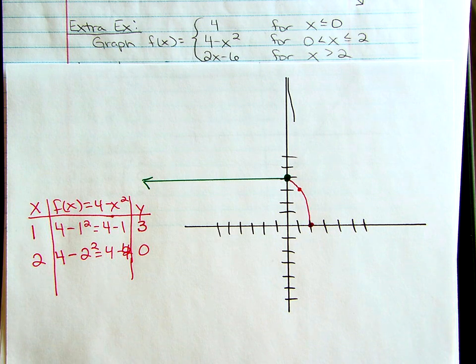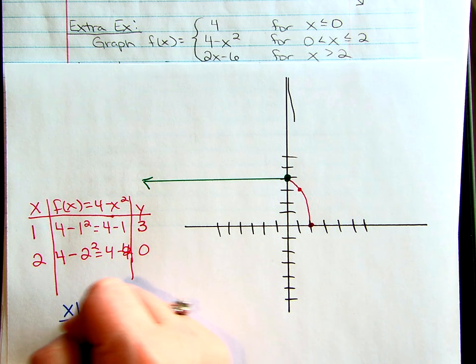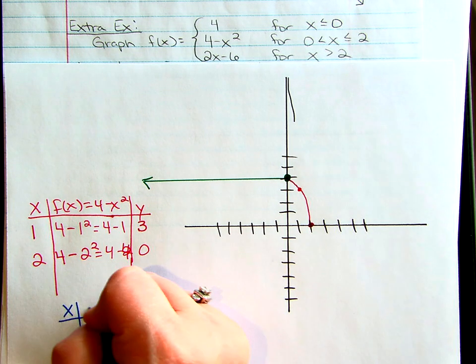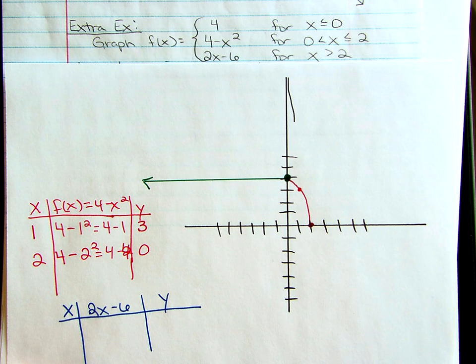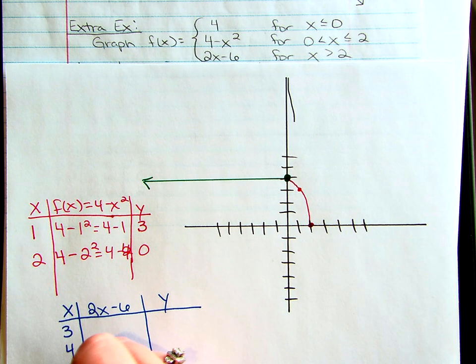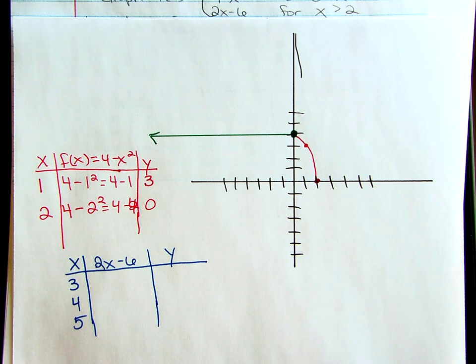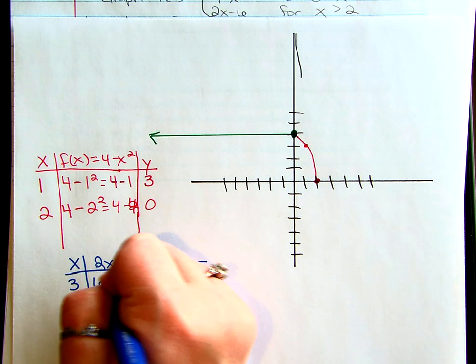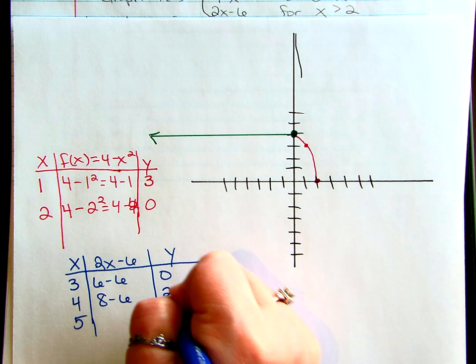And then we do the exact same thing for our last section, our 2x minus 6. And those need to be x is greater than 2, so I'm going to do 3, 4, and 5. So that'll be 6 minus 6, which is 0, 8 minus 6, which is 2, 10 minus 6, which is 4.